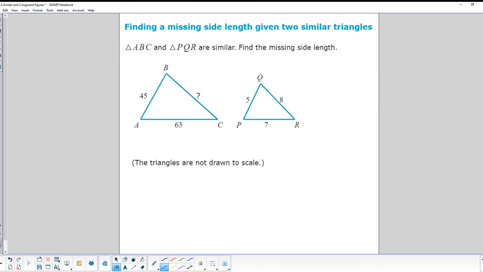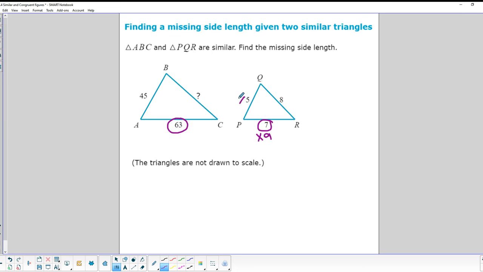Okay, finding a missing side length given two similar triangles. Triangle ABC and triangle PQR are similar, find the missing side length. If they're similar, they are going to be proportional. So I notice that to go from 7 to 63 on the bottom, I'm timesing by 9.